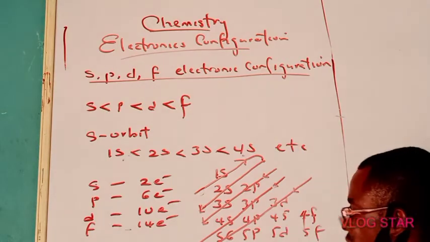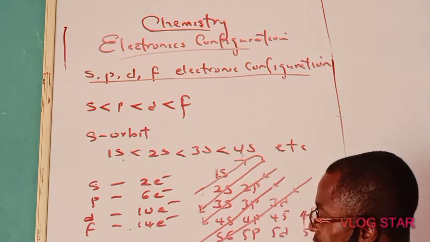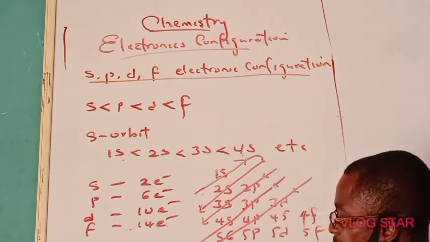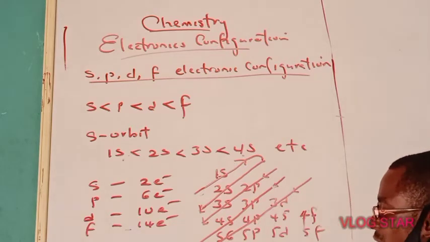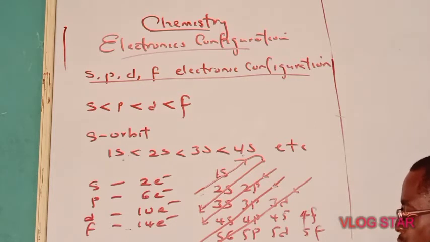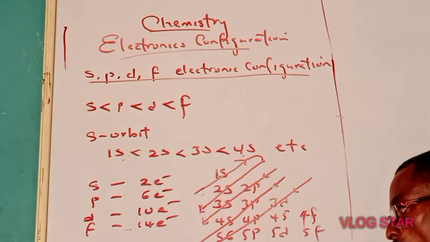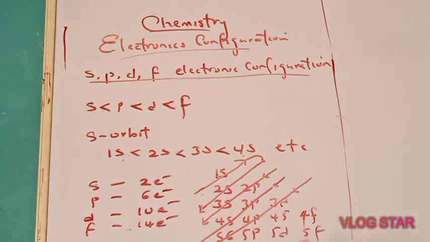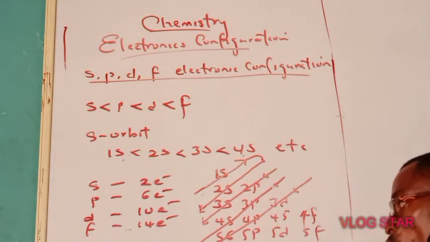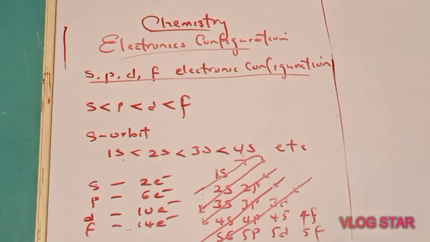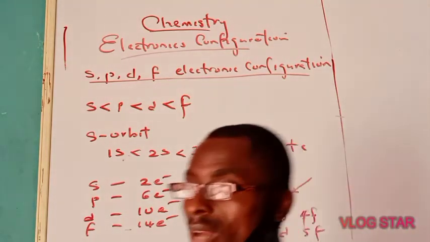Hence, we now readjust this to be 1s, 2s, 2p, 3s, 3p, then we jump to 4s, then 3d, then 4p, 4d, 4f. This is an aberration. Look at it. It ought to be 1, 2, 2, 3, 3, 3, 4, 4, 4, 4, but now we've adjusted here. Please write this now. Write what you have on the board.